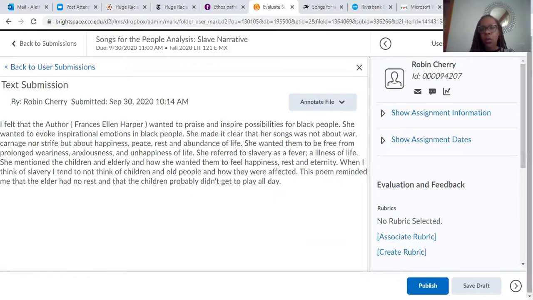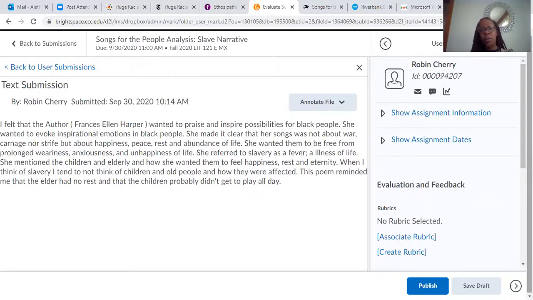Okay, good. So reading what Robin said, she made it clear that her songs were not about war, carnage, or strife. That could be, again, another reason why she stayed away from that language of all of those kind of hurtful and oppressive elements of history, and only focused on moving forward, moving upward. So again, you said that the songs are about happiness, peace, rest, abundance of life.